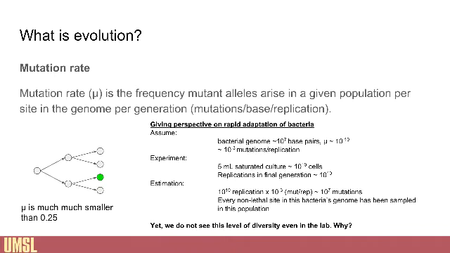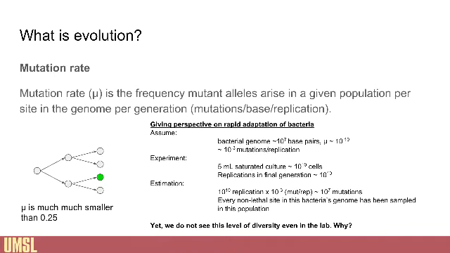So one of the crazy ones that I like to think about is that you have a bacterial genome. We'll say this is a big bacterial genome, and there's around 10 to the 7 base pairs. So this means there's 10 million nucleotide base pairs in this genome, which, for bacteria, is pretty large.